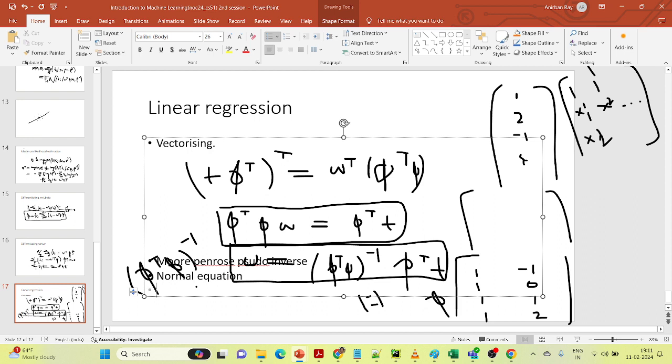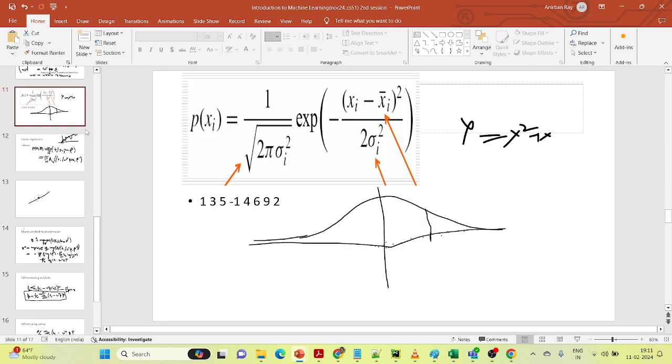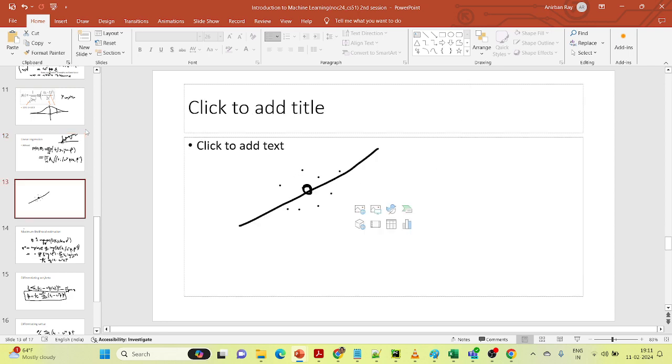But as you can understand, if our data is low or we have a lot of parameters, a lot of these x terms, then this can overfit.